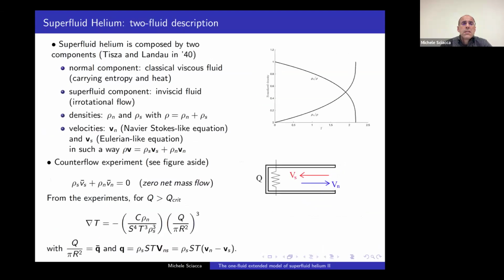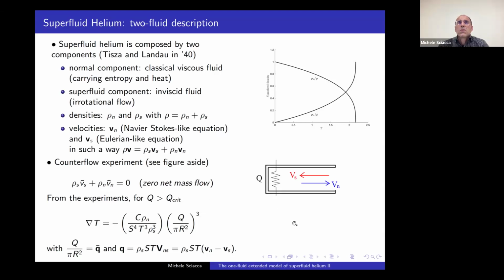As I said, there is the two-fluid vision, which most of you probably know, due to Landau in the 1940s, in the last century, which sees essentially that the superfluid is made of two components, normal and superfluid components.